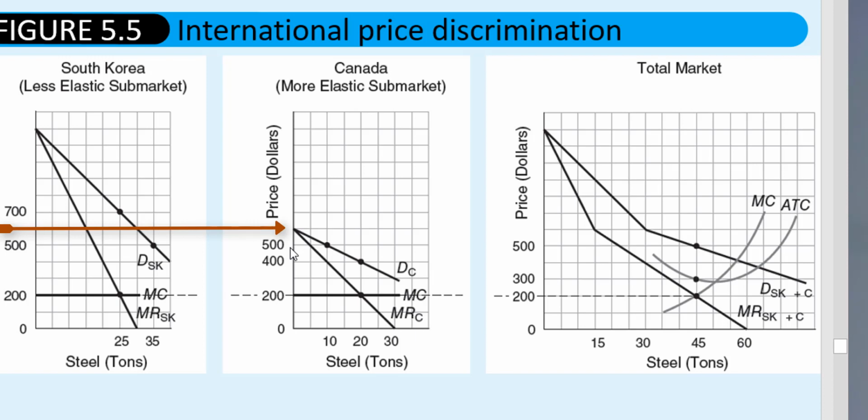If the price is lower, for example 500, then the demand is 10 units of steel. So when you combine both these demand curves, we have basically here a replica of the South Korean demand curve up to the price of 600, and then we have the remaining demand from South Korea with the demand for Canada, and that gives us this other part of the demand curve, hence the kink.